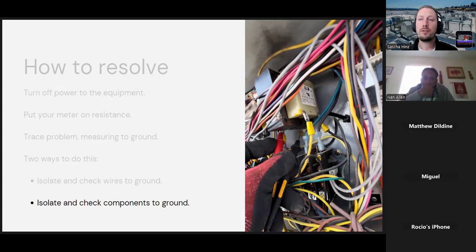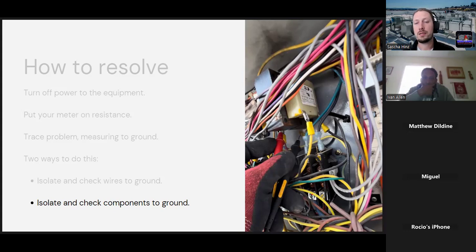If you are checking for bad components, for example, you can isolate the component. Let's say you have a heat strip where the heat kit is broken and there's an unintentional connection to ground. You go through, check after the contactor connected to the heat strip, and check to ground. You see which of the heating elements is broken.